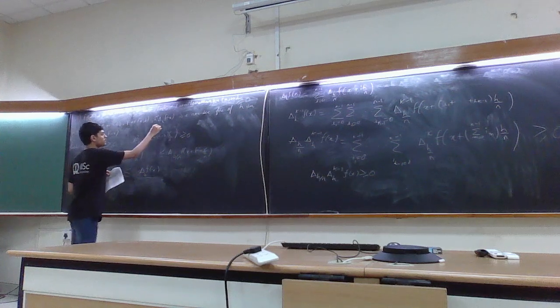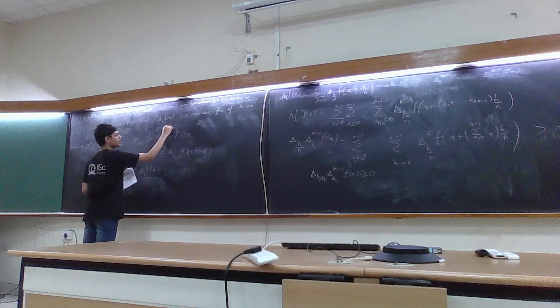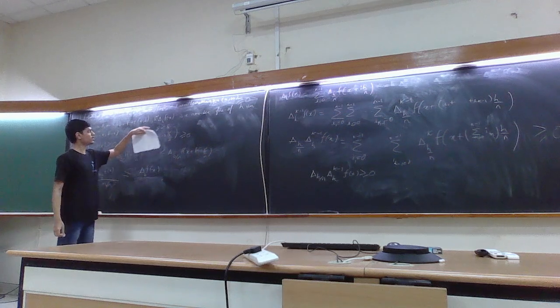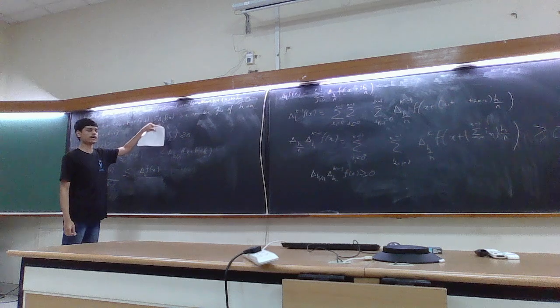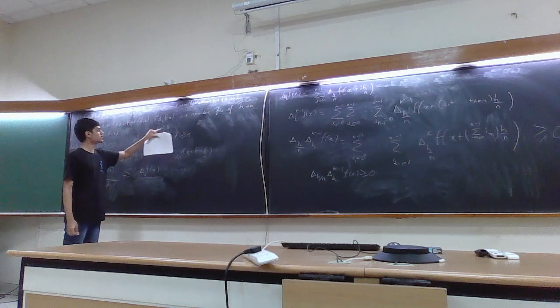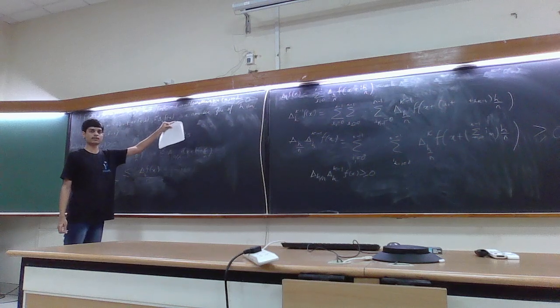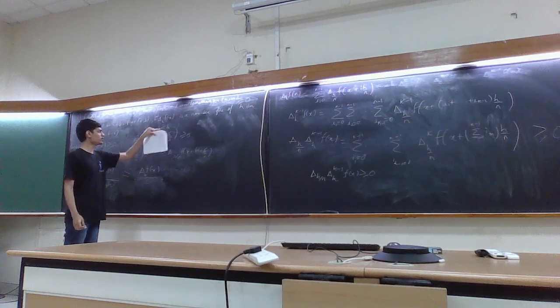So for any epsilon less than delta, you need to prove that epsilon inverse times delta epsilon f is smaller than delta inverse times delta delta f, right? So you need to prove that.